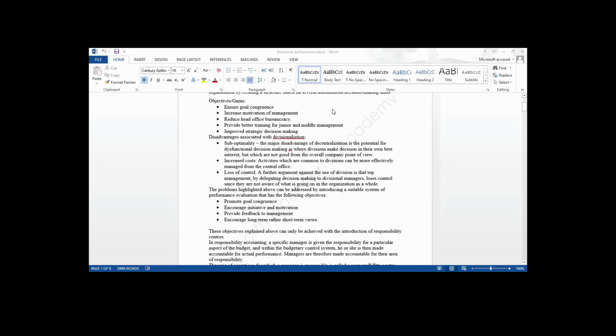Point number 2, increased cost. If you have a company operating on divisional structure, it can increase the cost of the business. Some common functions can be duplicated. For example, Dangote Cement has its own HR.